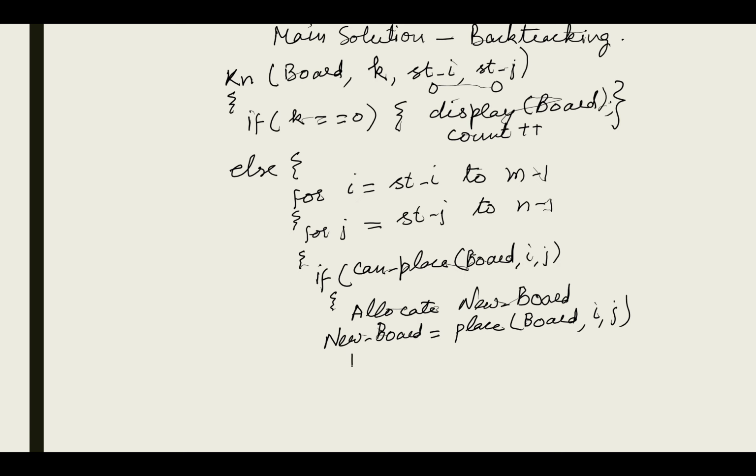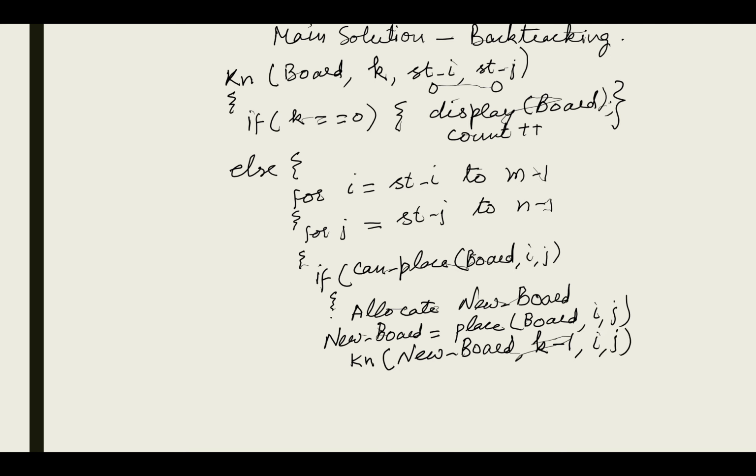After doing so, we know that we have placed one knight, but we have the task of placing the rest of the knights. So we will call the same function with the new board, but now we have to place only k-1 knights, starting from the I and j position.